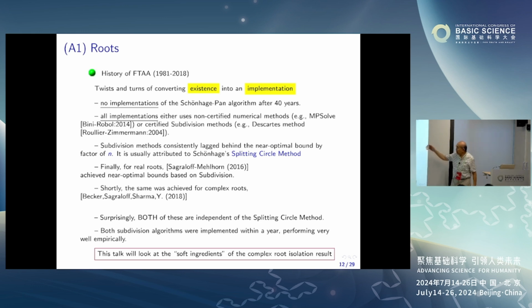And surprisingly, both these results of subdivision do not depend on Schoenhage's technique that he introduced in '81. Because everybody thought, you can't reach optimal without using the splitting root circle idea.